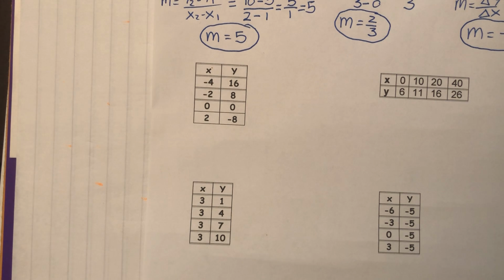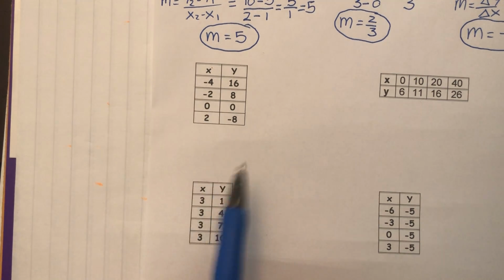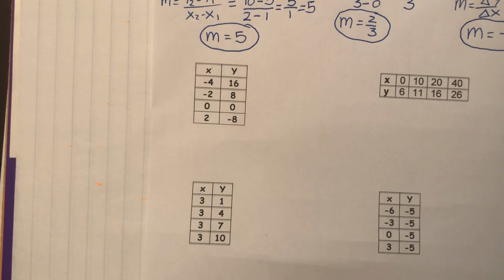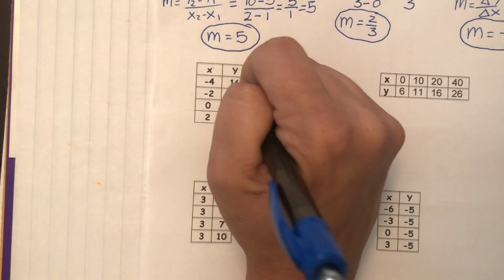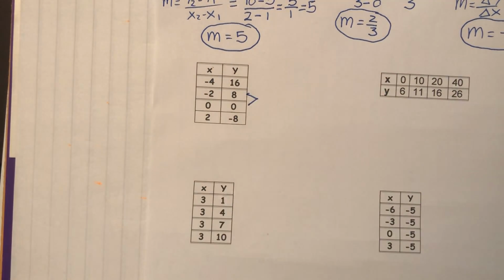Okay, let's try another one here. I'm still using the shortcut, just finding the change in y and the change in x and writing it. Now we could pick any two ordered pairs to find the change. So if I wanted to find the change of these values right here, I can.